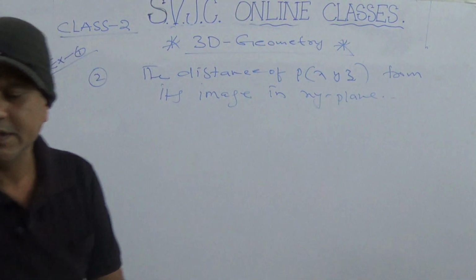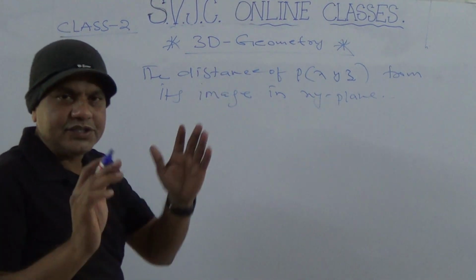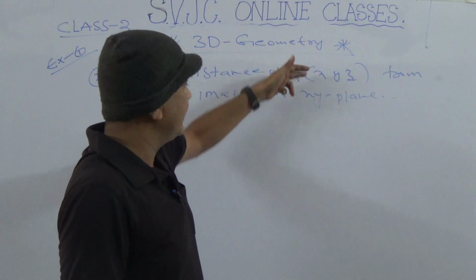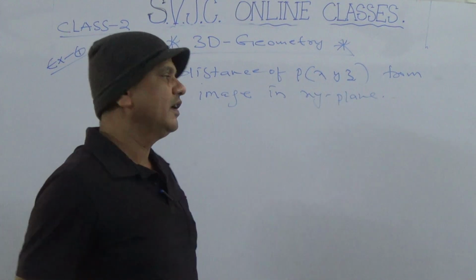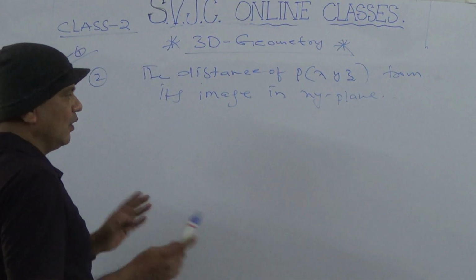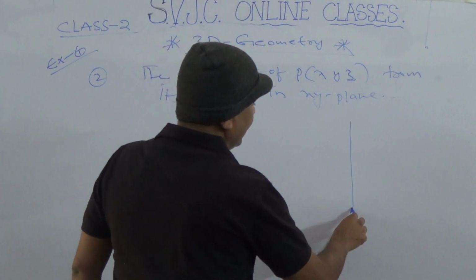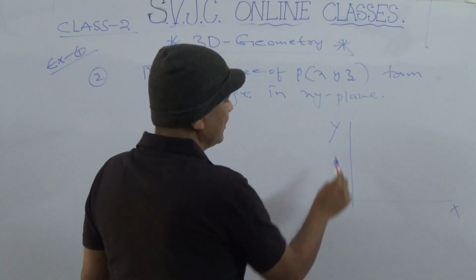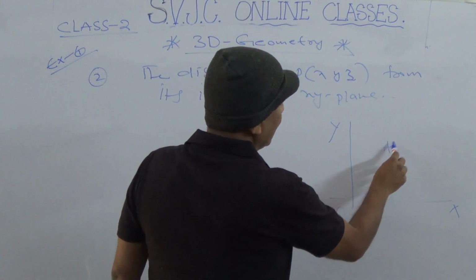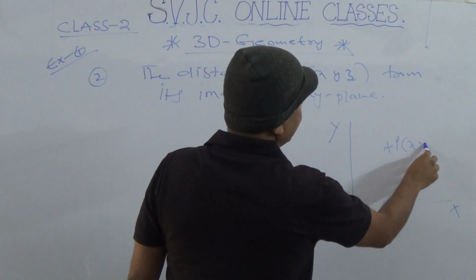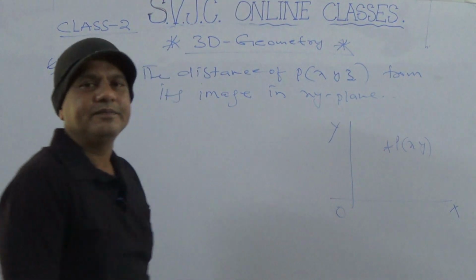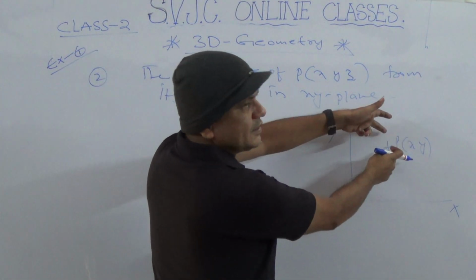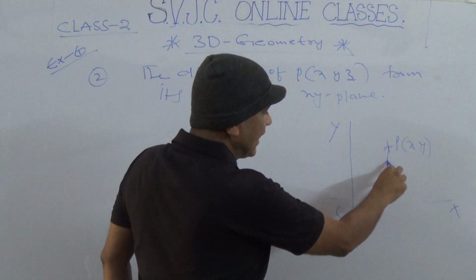That means here we have to find the distance between this point and the image of this point in the xy plane. For example, in 2D geometry, let P(x, y) be a point in a plane.